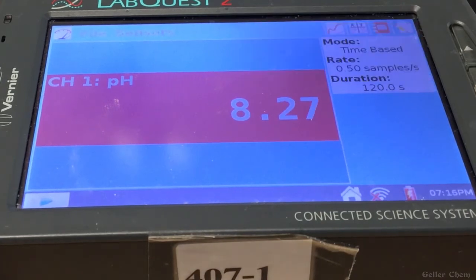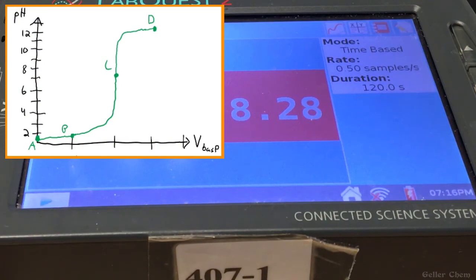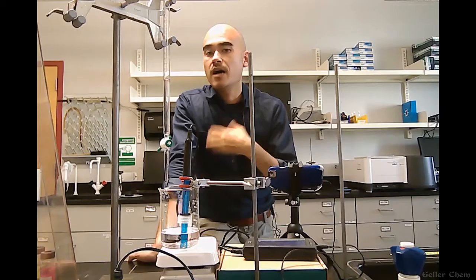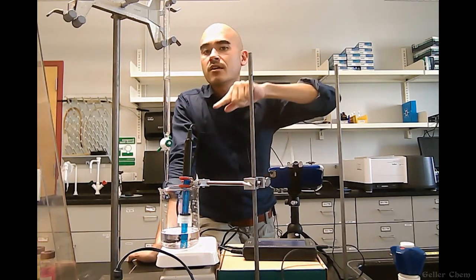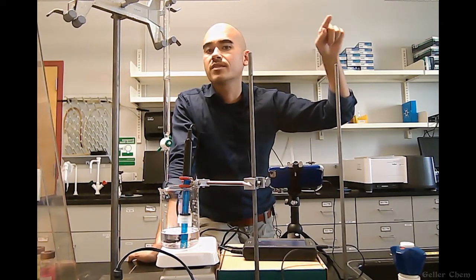Alright, so the pH has climbed quite a bit, and it's still climbing, all from that one drop. So this is analogous to what we saw in the strong acid, strong base titration, where we had that steep rise at the equivalence point. Now, if I kept going, this titration curve would eventually level off, as we saw before.